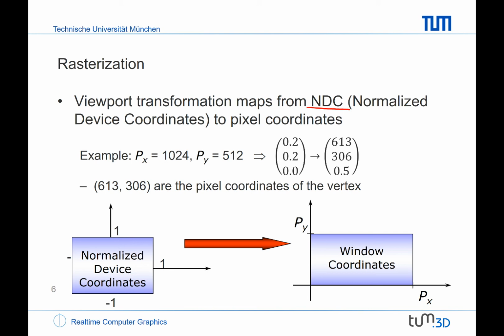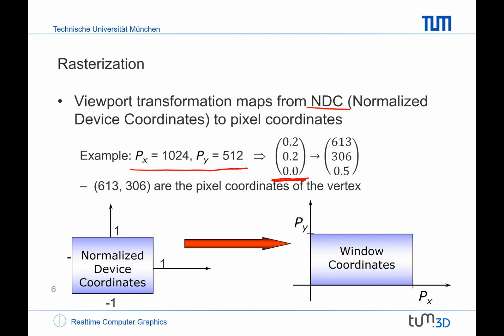So now we want to map or transform these NDC coordinates to pixel coordinates. And first of all, let us briefly talk about what that means and why we do that. So let us assume you want to render your final image on a pixel raster comprised of 1024 times 512 pixels. And that then means that, for instance, if after the perspective division by the rasterizer, a result comes out as here.